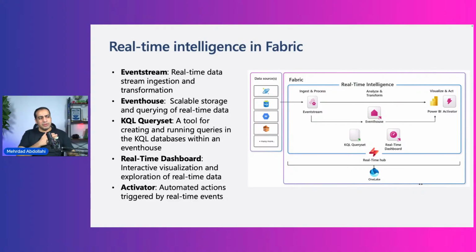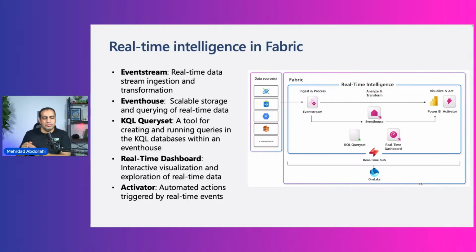The ingestion and transformation is happening in our eventhouse, where the data is streaming. We have a number of sources that we can expect the data from. That data is going to be analyzed there.